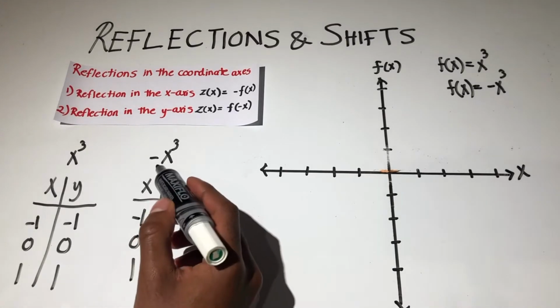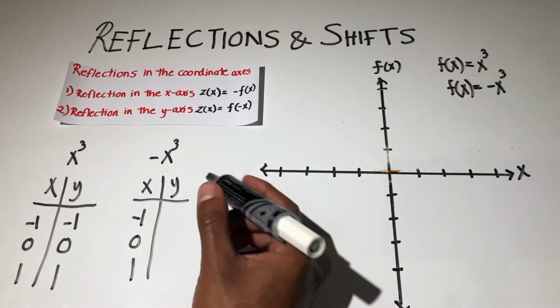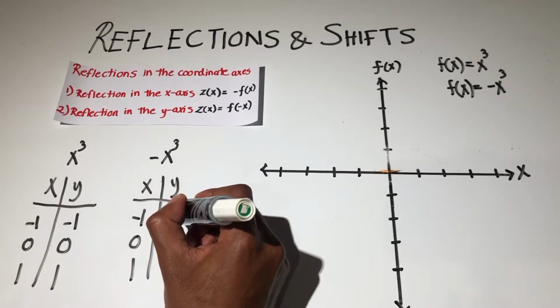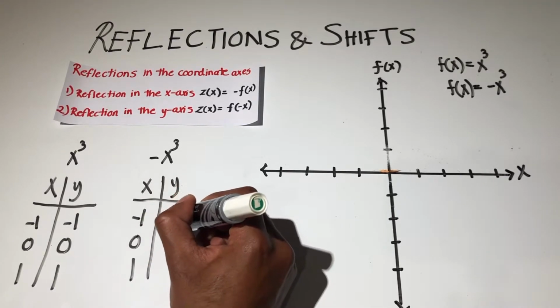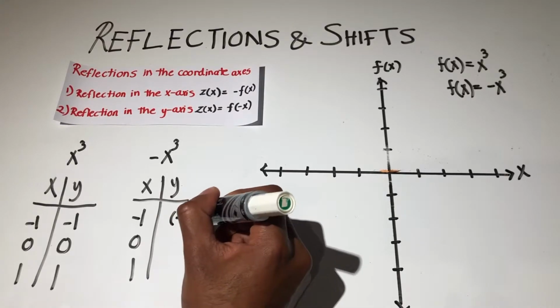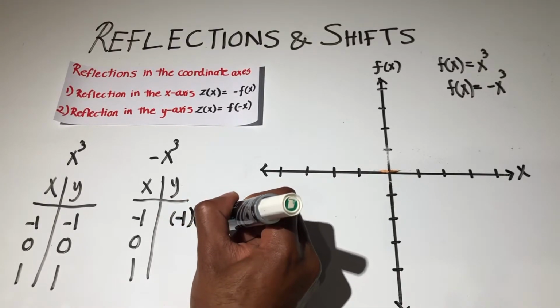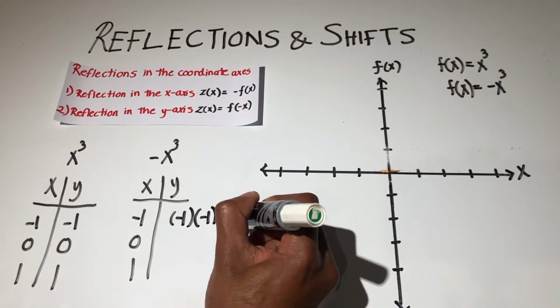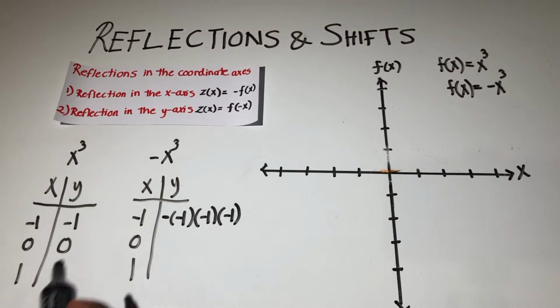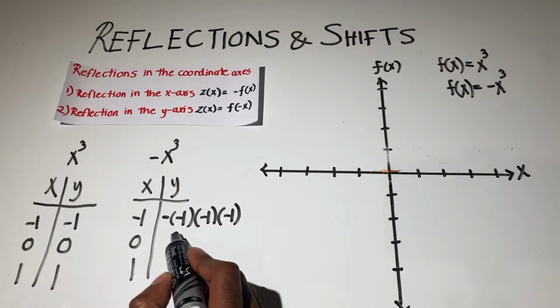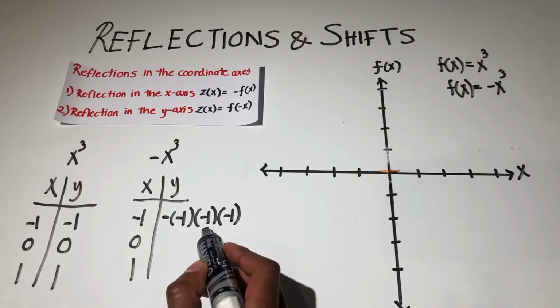If we plug in negative 1 for x cubed, we're going to get negative 1 times negative 1 times negative 1. And let's not forget the negative sign out here. Now negative times negative is positive, and then negative times negative is also positive, and then positive times positive is just positive.